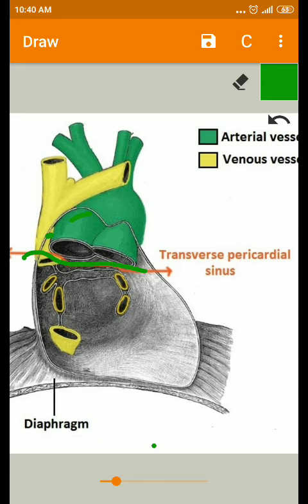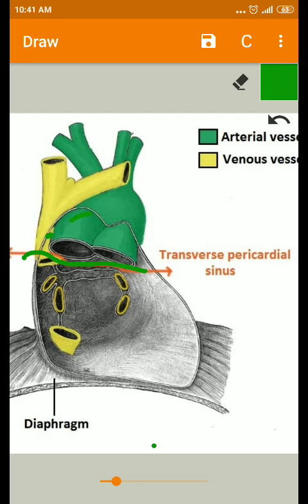Normally we have seen that there are many blocks in the arteries which supply the heart. So for that, grafting is done to bypass the blood supply.